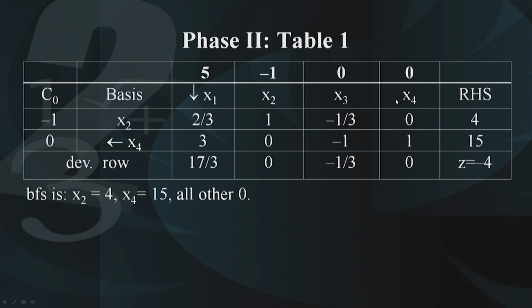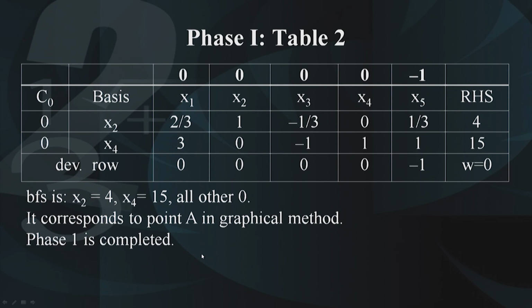You will notice that the x5 entry is not shown here in this table. The reason is that x5 was an artificial variable, and at the end of the previous phase 1 we have seen that x5 has become 0. At the end of phase 1 table 2 we have seen that x5 has disappeared from the basis.